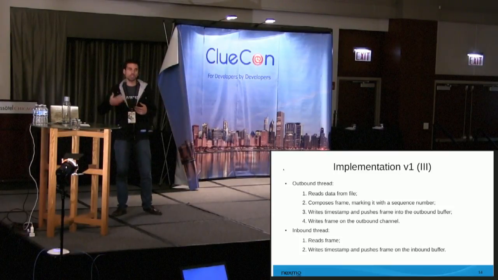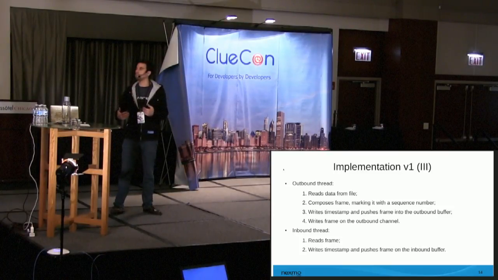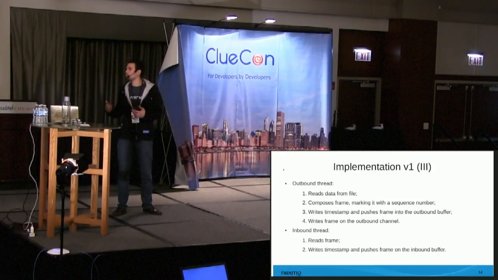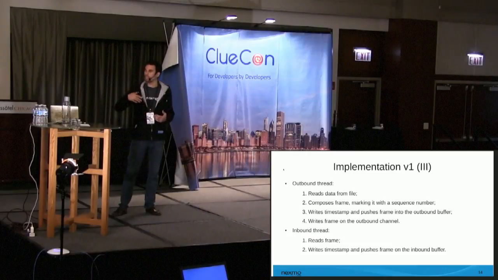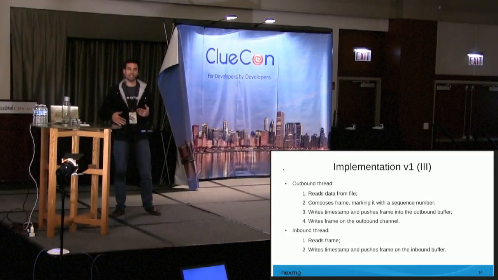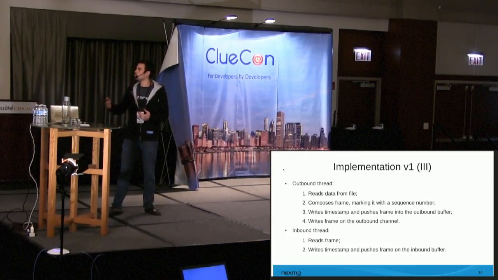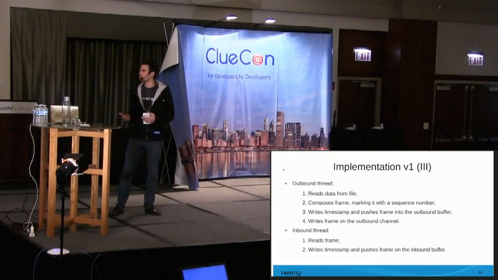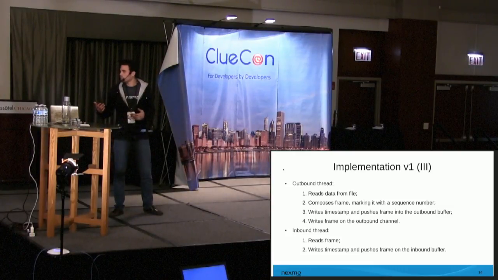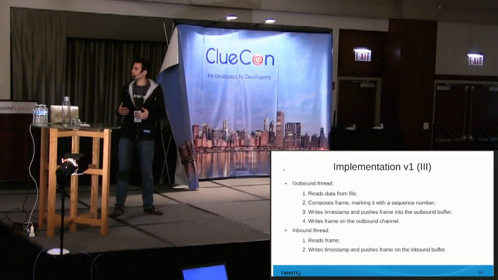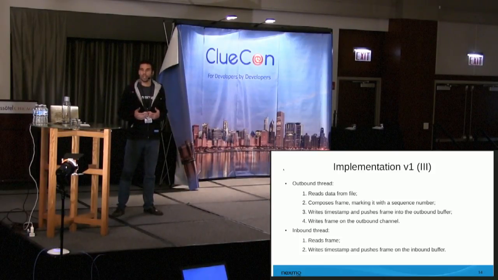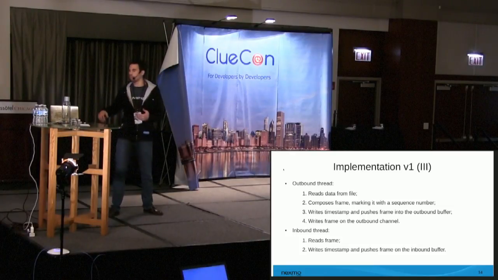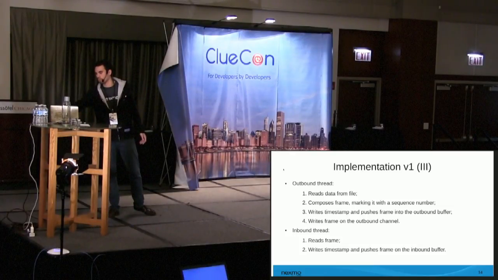It would write the timestamp and write a duplicate of that frame on an outbound buffer, and then finally write that frame on the outbound channel. The inbound thread would read an inbound frame, write the timestamp and then write that frame on an inbound buffer.